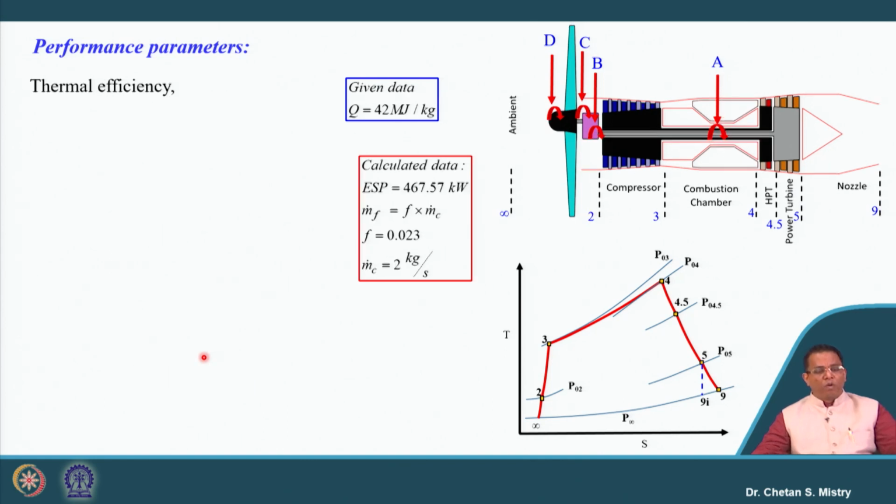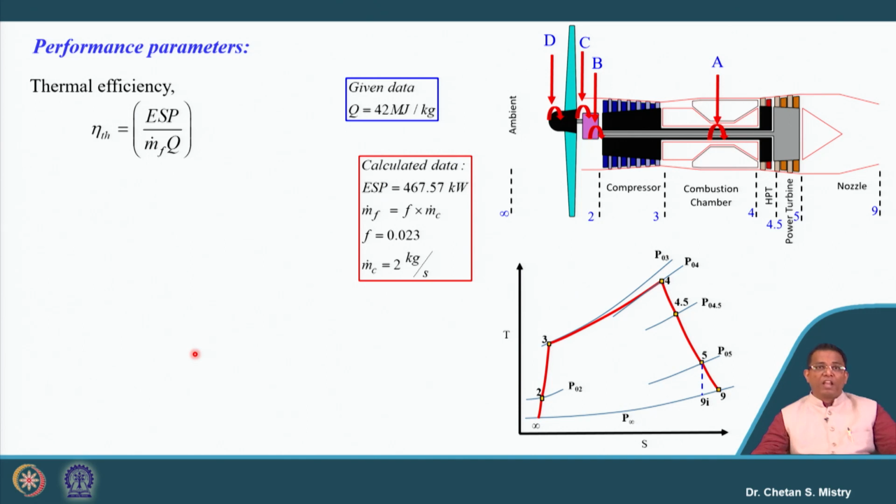Okay. Now let's look at the next parameter, that is our thermal efficiency. Now it is a little tricky to define this thermal efficiency, but from our mechanical or engineering sense of understanding, we define it in terms of output by input.